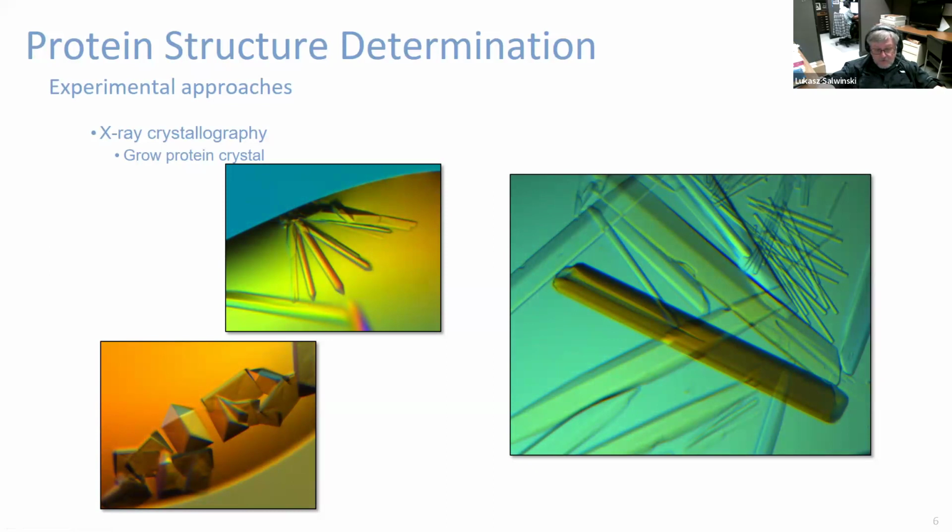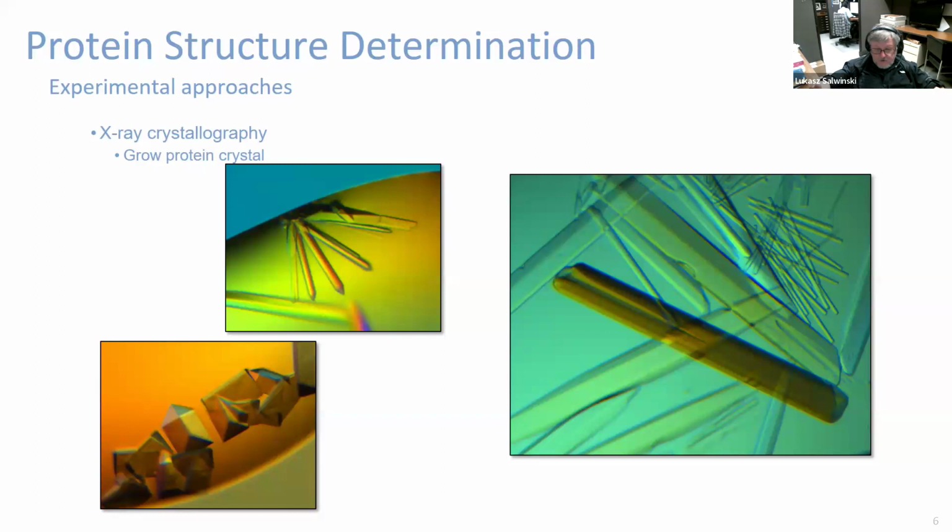They are hard to get, and this is the limiting factor that slows down structure determination by X-ray crystallography. You've got to spend quite a lot of time just trying different conditions. There are no hard rules for making a given protein crystallize, so you very often resort to trial and error. If you're lucky, you're going to get nicely looking crystals.